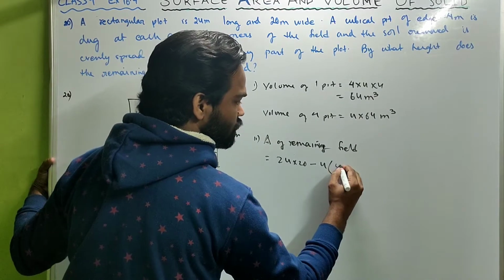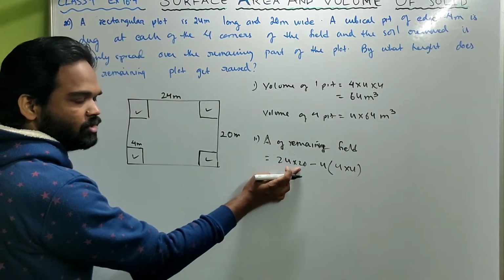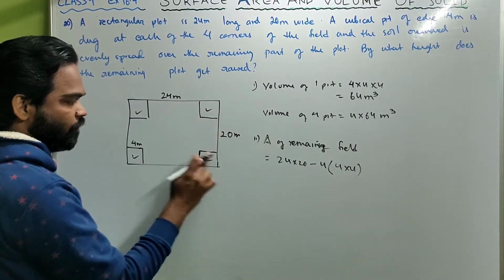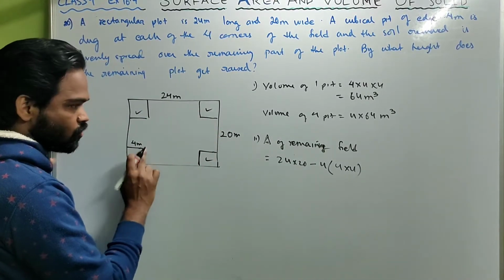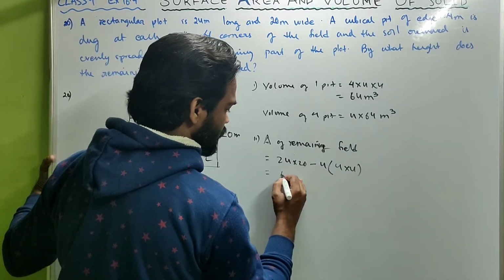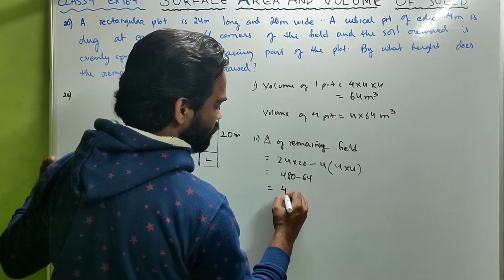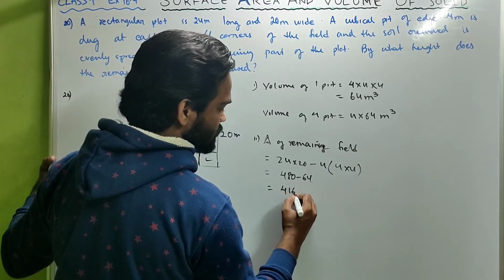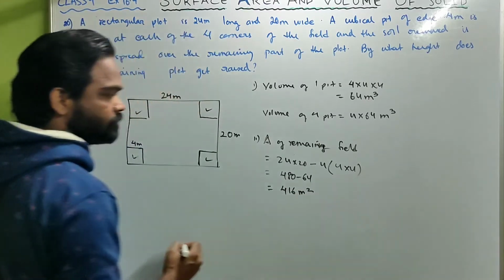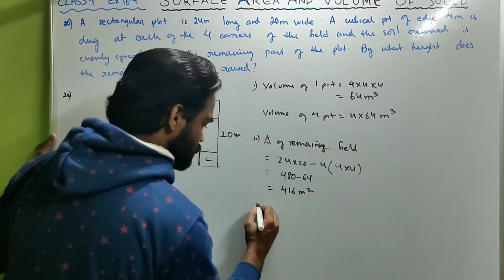Side into side, which is 4 into 4, isn't it? Area of the rectangle is length into breadth minus 4 times area of each square is 4 into 4, isn't it? So that's how much? That's 480 minus 64. That's 416 meter square. Now suppose when the soil is spread, the height is h.